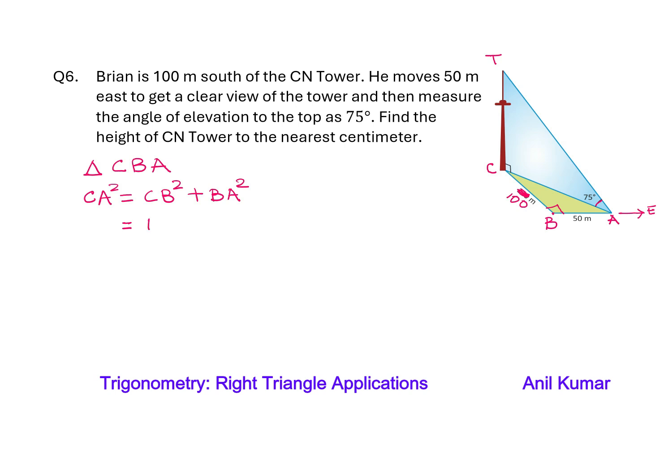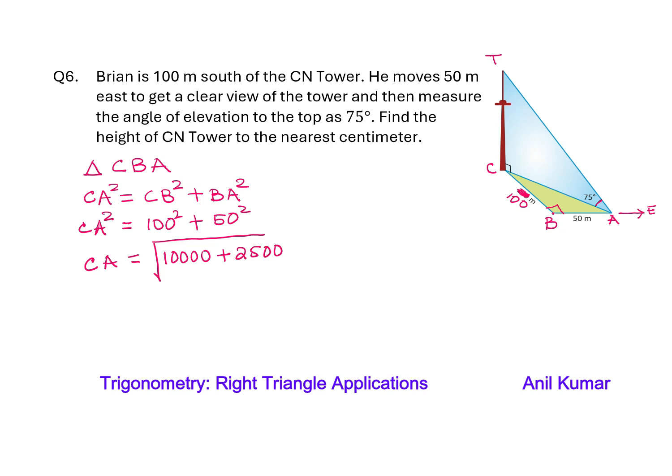CB square is 100 square plus 50 square, that gives you CA square. So we can now calculate CA, which will be the square root of 100 square, 10000, plus 50 square, 2500.